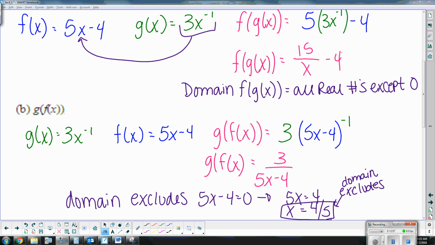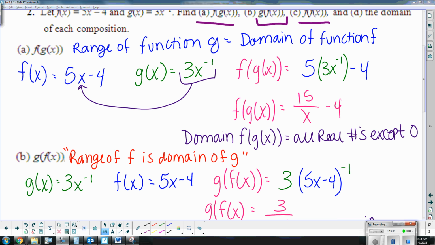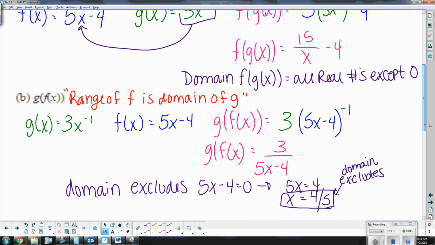All right, let's take a look at the second one, g of f of x, or f composed with g. So here we have the range of f is the domain of g, so whatever the output of f is, that's the input for g. So g of f of x is 3 times 5x minus 4.